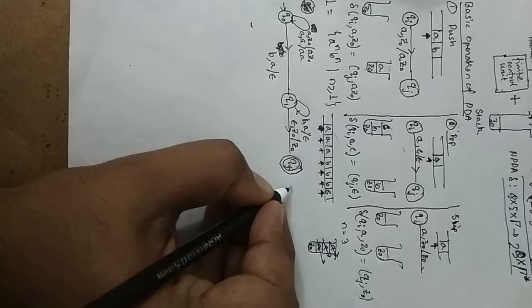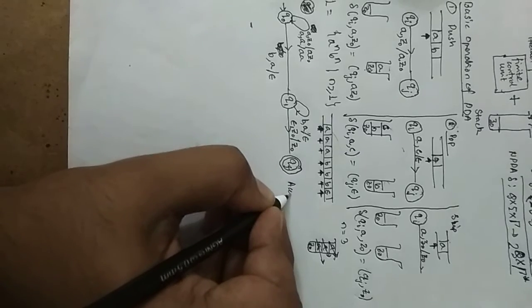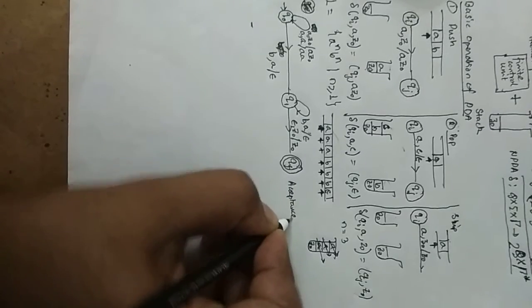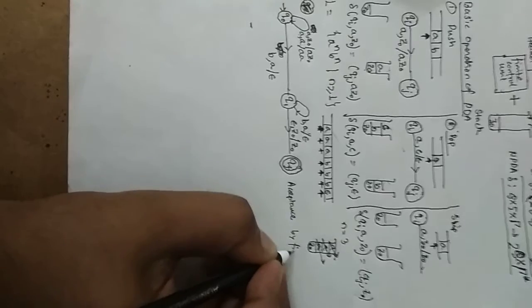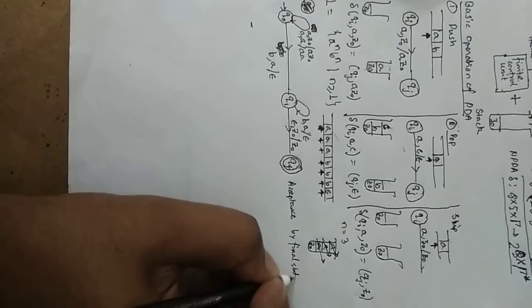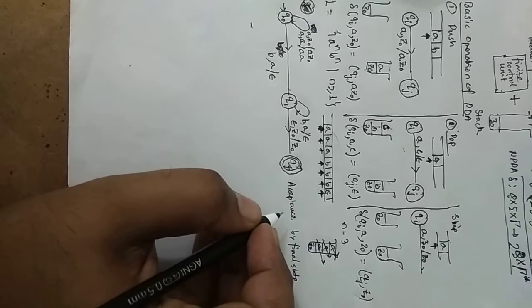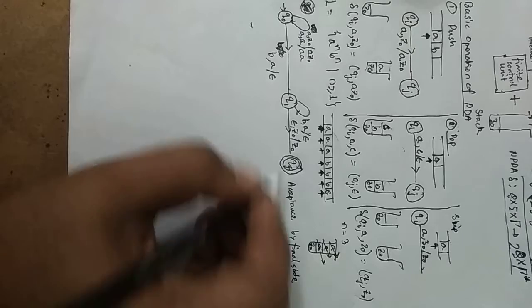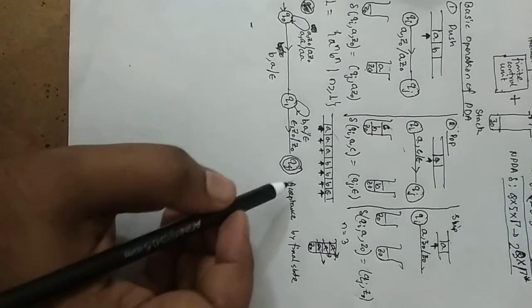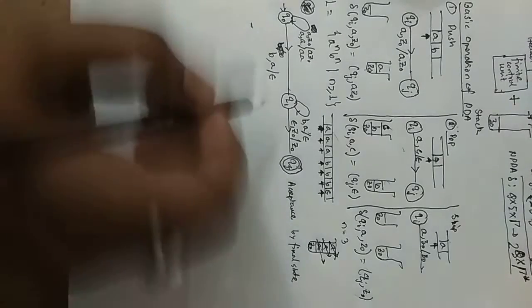Now this figure is called acceptance by final state. Now there are two things, one is acceptance by final state and another is acceptance by empty stack. So again, if I consider the acceptance by empty stack, what will be the figure?